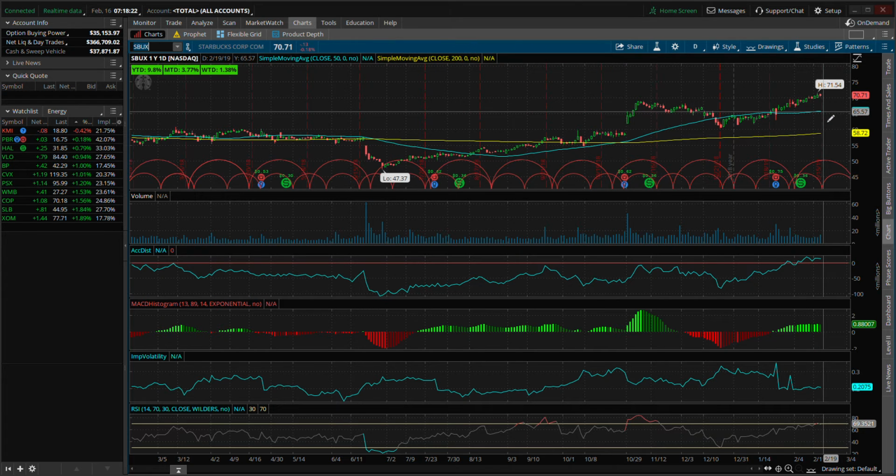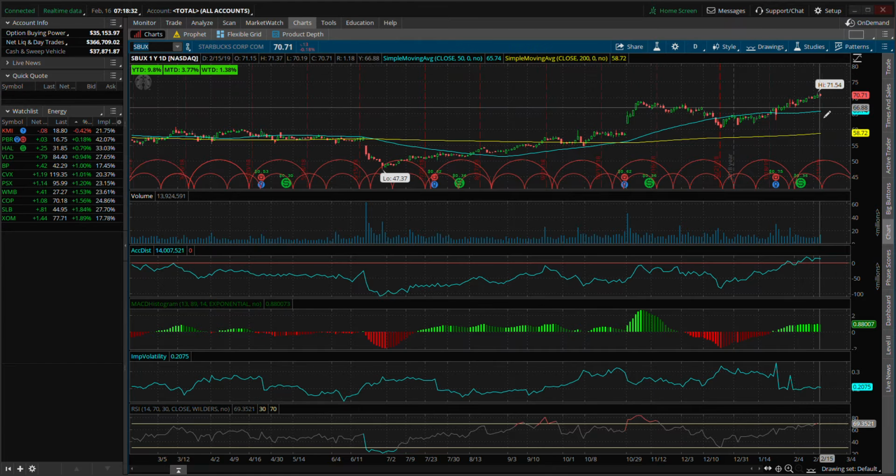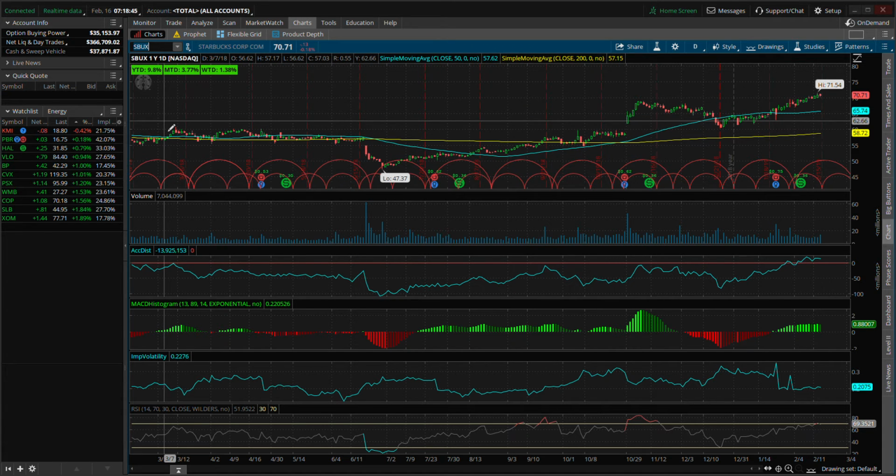So the cycle bands show it's going to rally a little bit here, and then you see these two cycles coming down. So it may retest this 65 level maybe. But overall this chart looks good on a 1 year.